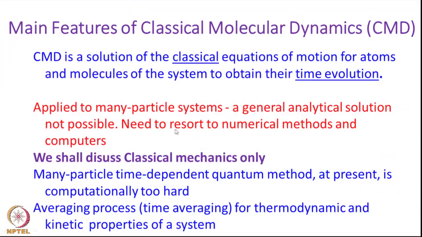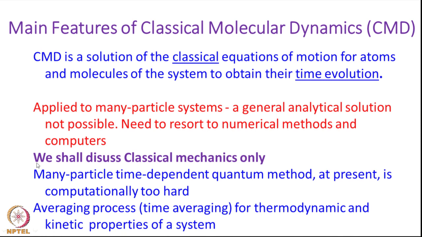So, for 2 particles there is an exact solution, for 3 or more there is no exact solution. So, you have to use numerical methods. All the numerical methods that we used in our course will now be extremely useful in solving these problems of real interest.